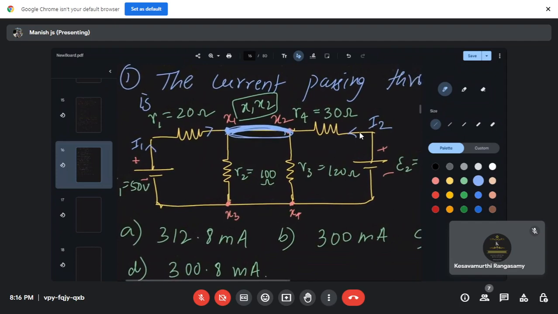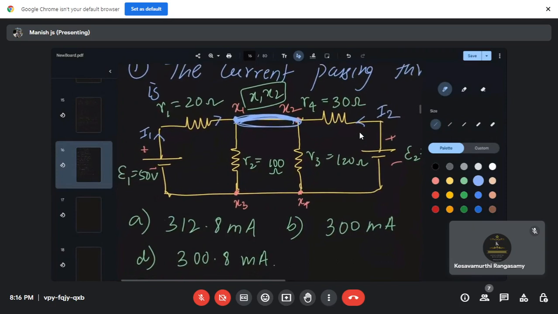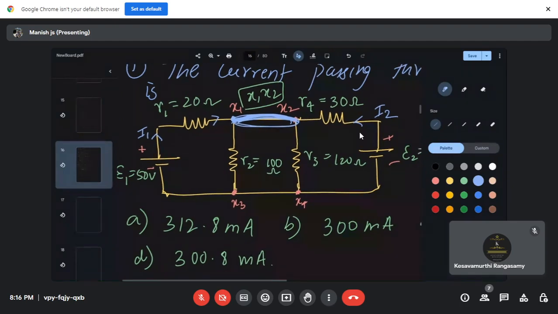Now both of them are encountering the super node X1, X2, and obviously they are going to leave the node as well. Current entering the node has to be equal to the current leaving the corresponding node. So that also you can show it. The sum of the currents entering is going to be equal to the sum of the currents which are leaving.